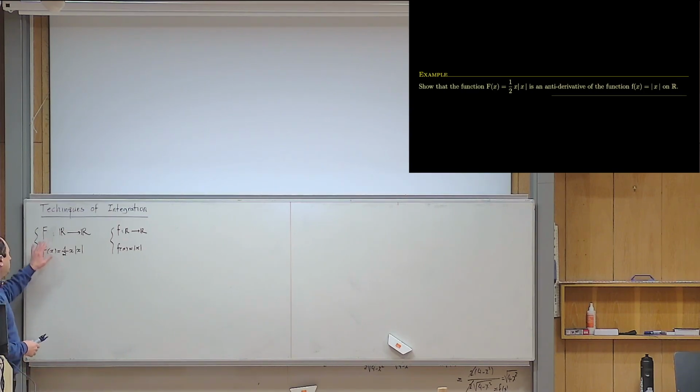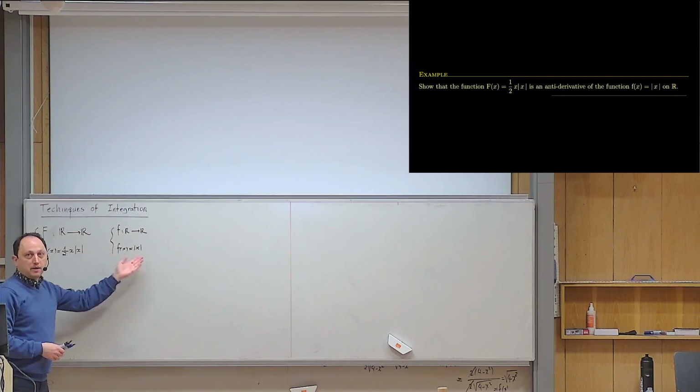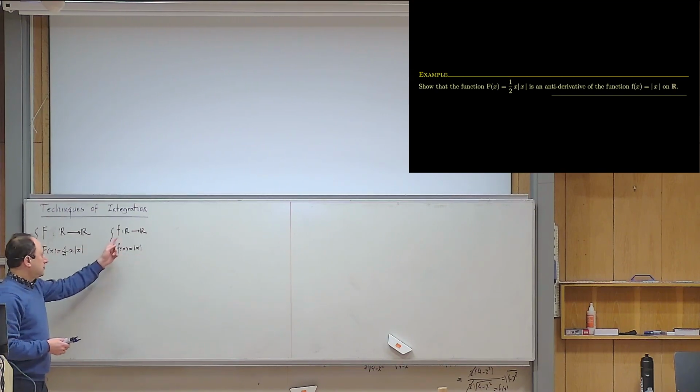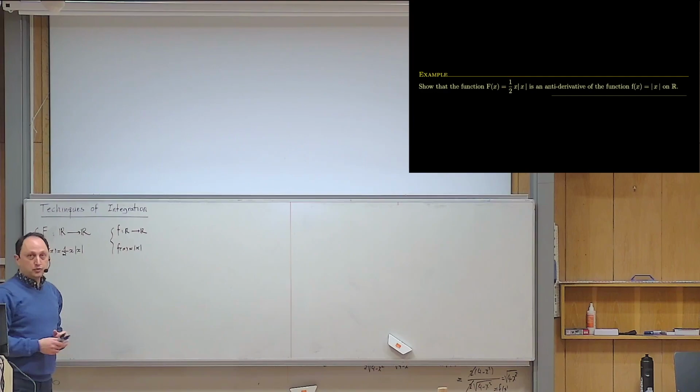We want to show that this capital F defined on R by this rule is an antiderivative of the famous absolute value function, the function defined on R by this rule.